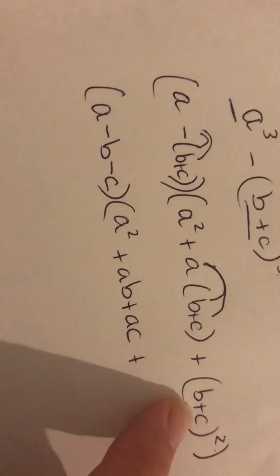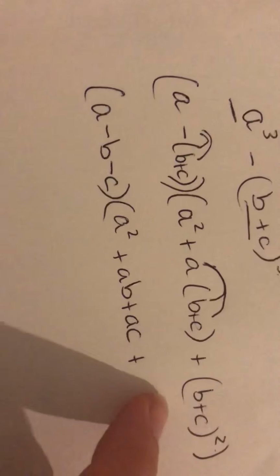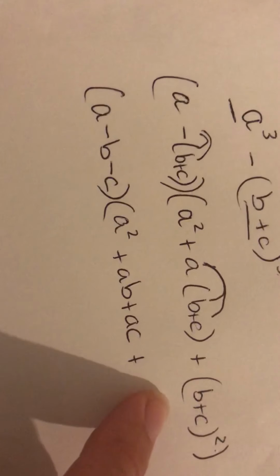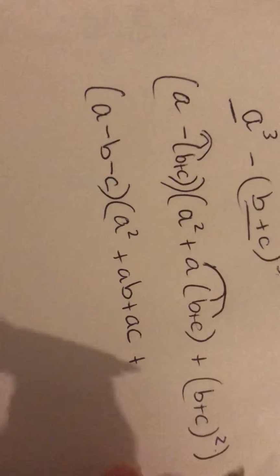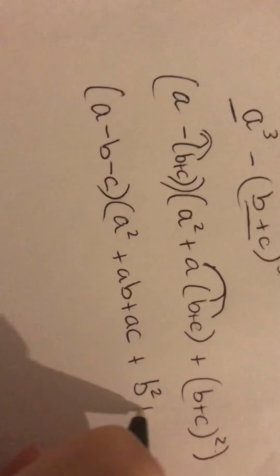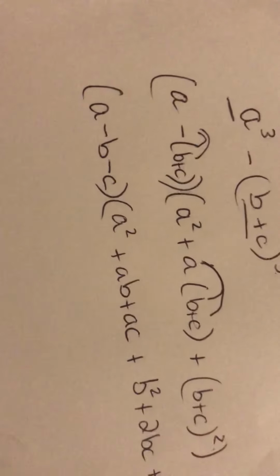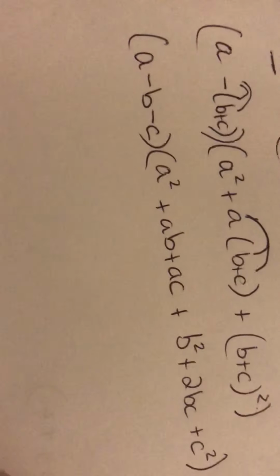Again, I don't want a big mess here, so I would take that to the side and multiply it out. (b plus c) by (b plus c), you'd end up with b squared plus bc plus bc plus c squared, which cleans up to be b squared plus 2bc plus c squared. Do not believe me, work it out for yourself. Just take it to the side and work it out for yourself.